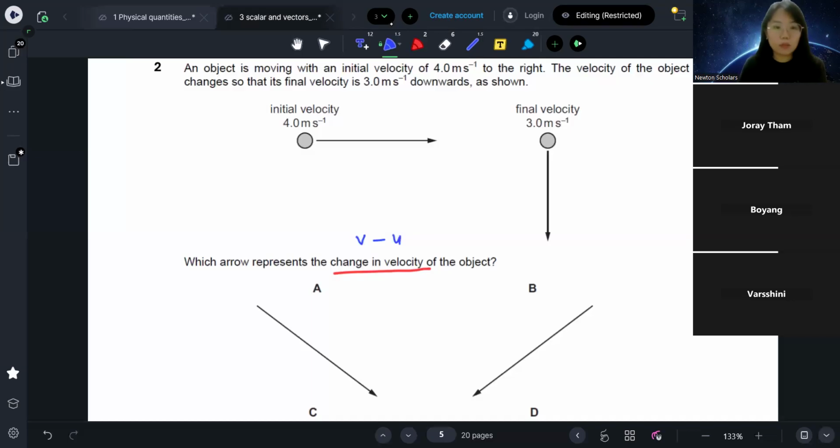So again, do one more time: V minus U. So this is U, this is V, final. At here, final does not change, going down. Then your U, going down, you should change the direction of U.